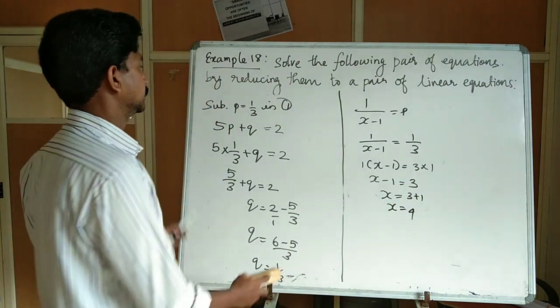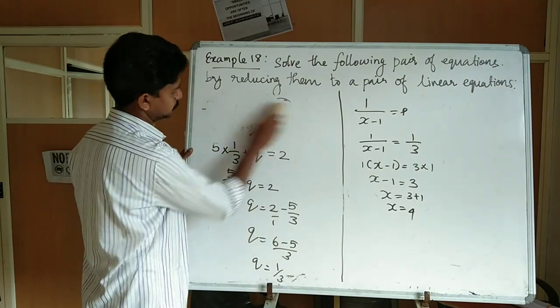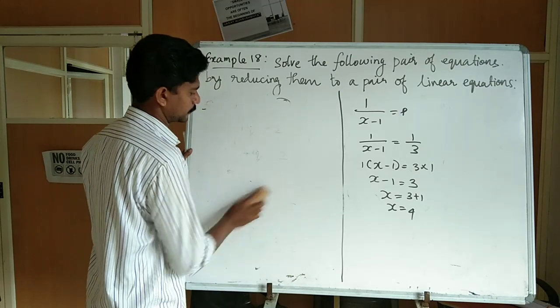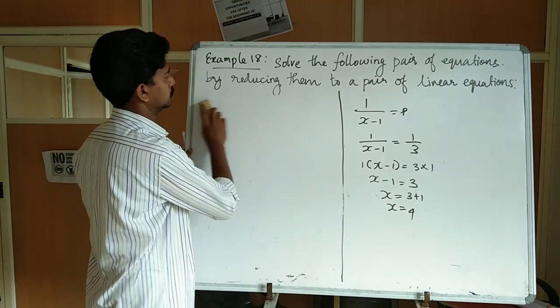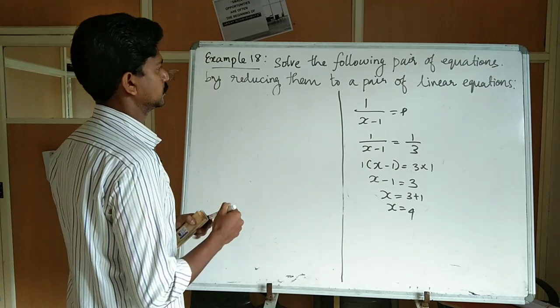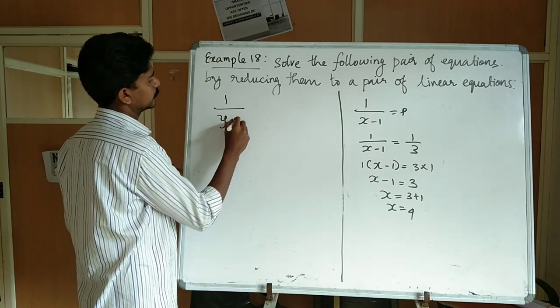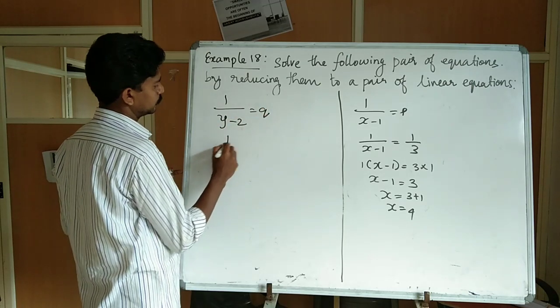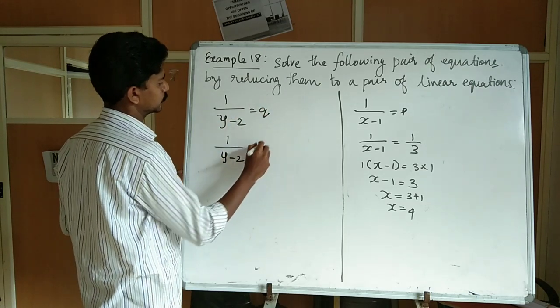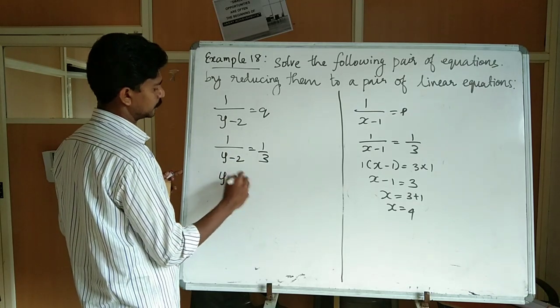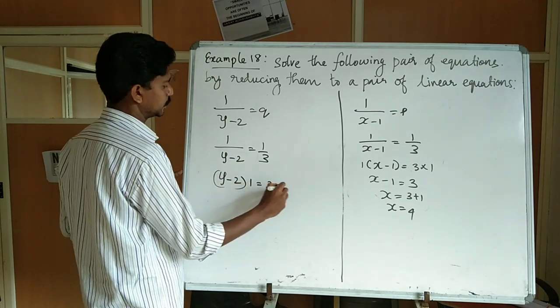So let us find the y value. 1 by y minus 2 is equal to q. 1 by y minus 2 is equal to 1 by 3. Let us do cross multiplication. y minus 2 into 1 is equal to 3 into 1.